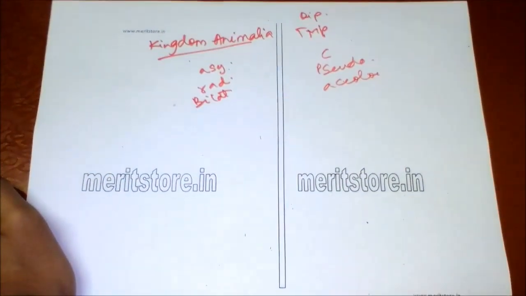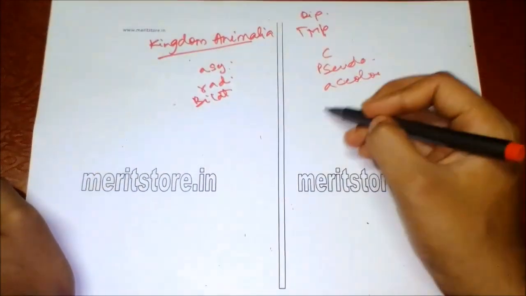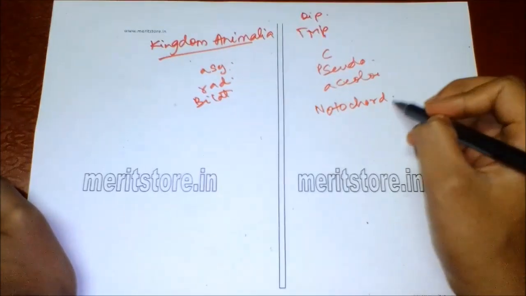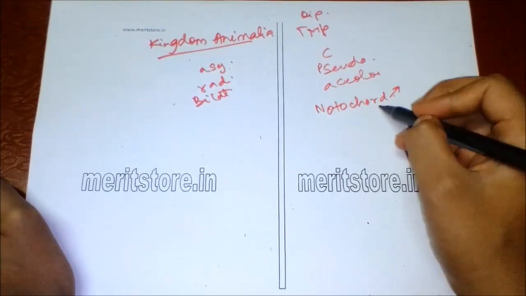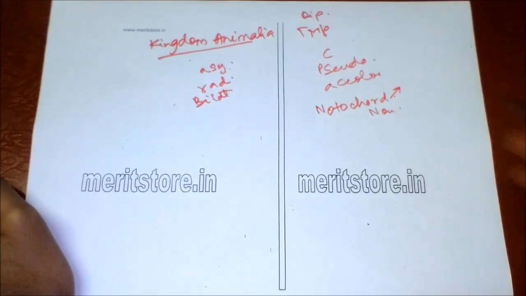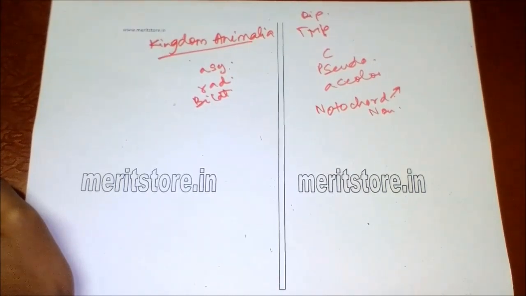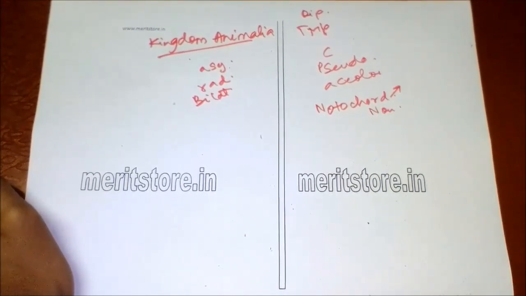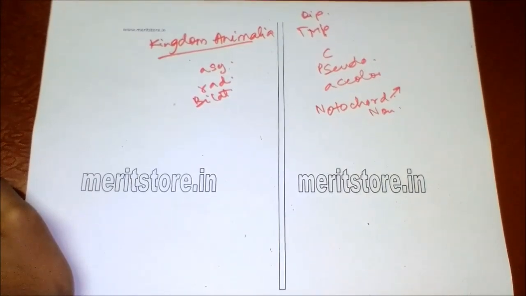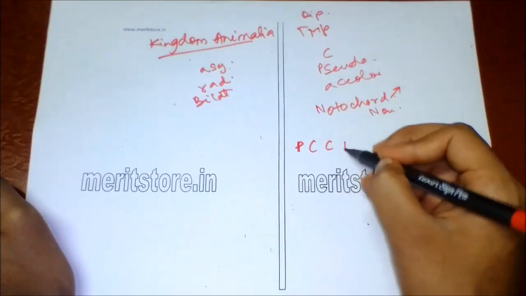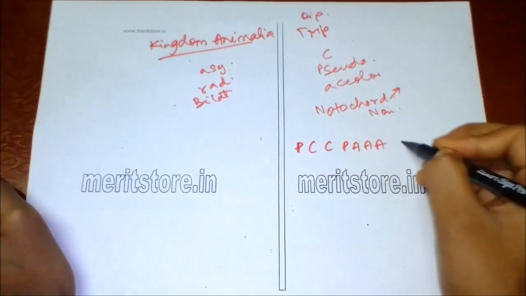Then segmentation, metamerism, notochord. The animals which have a notochord are chordates, and those which do not have it are non-chordates. From Porifera to Echinoderms, classification is based on level of organization, symmetry, body cavity, and phylum. There is a mnemonic which you can remember: PCC, PA, ME.